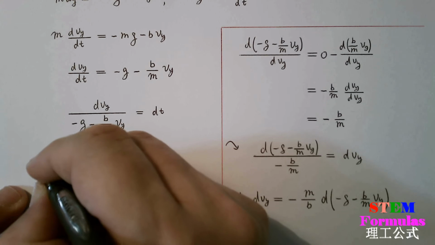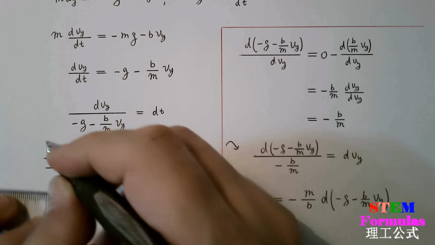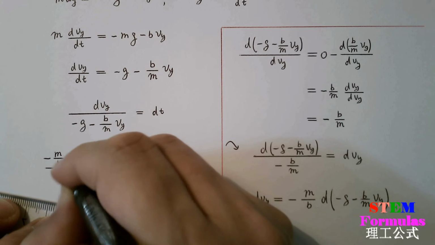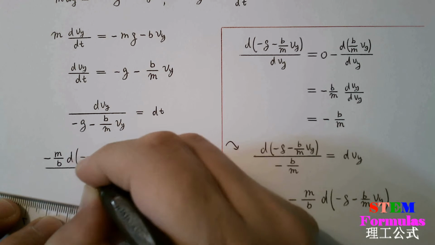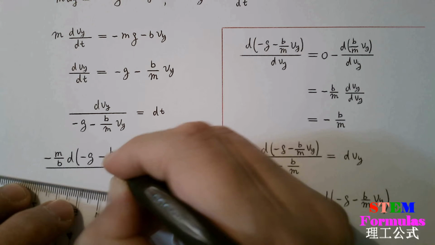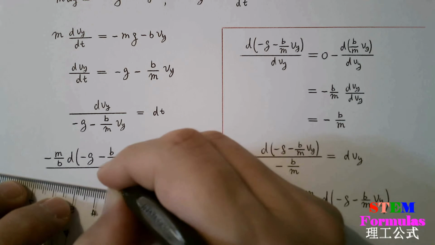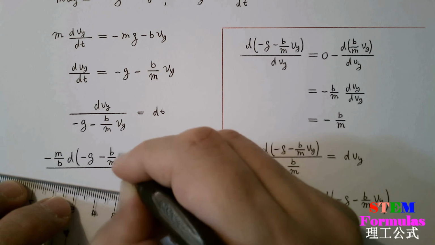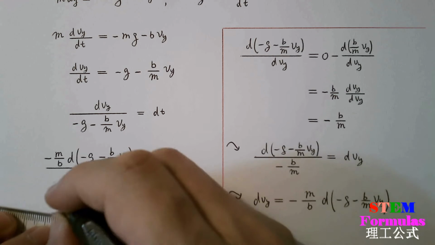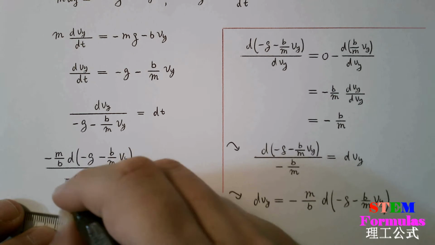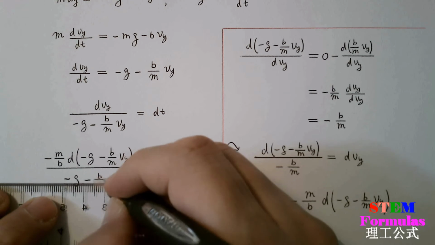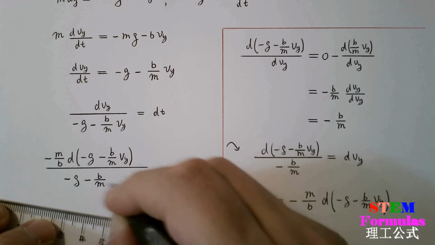We have minus m divided by b times d of minus g minus b divided by m vy, and on the bottom minus g minus b divided by m vy.